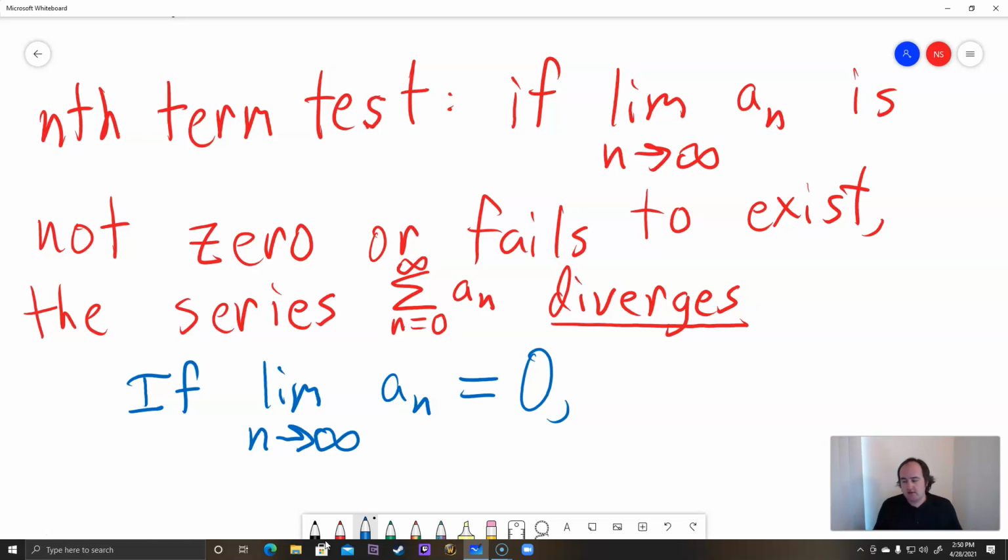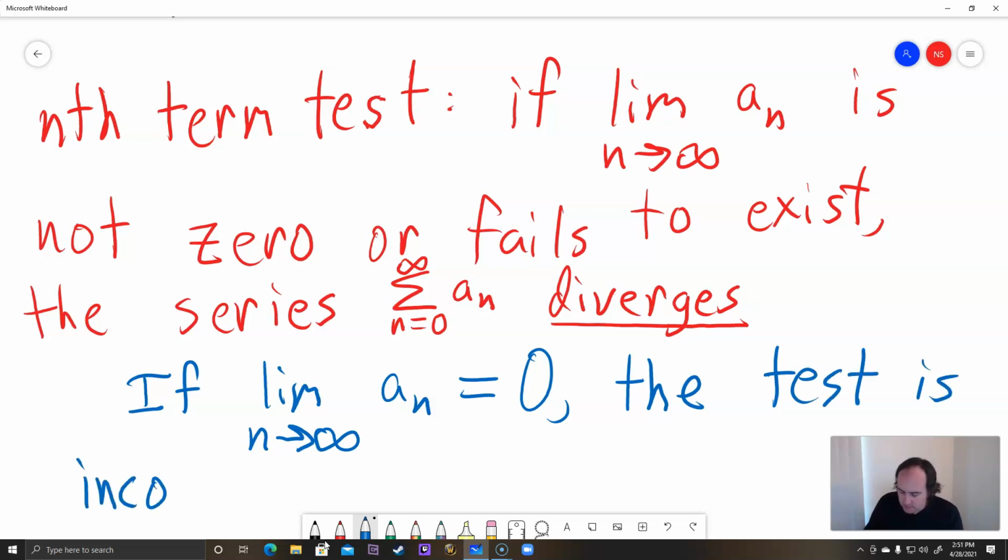If it doesn't tell you yes or no about convergence or divergence, we say it's inconclusive. So if the limit as n goes to infinity of a sub n equals 0, the test is inconclusive. And again, inconclusive just means it doesn't tell us anything, whether it converges or diverges.